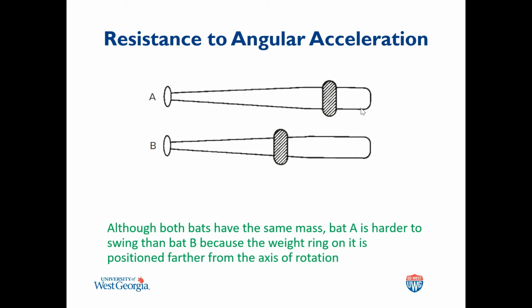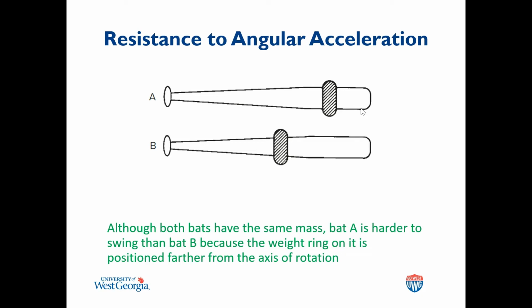If we look at bat A and bat B, what we've done is we've placed a weight on these bats. I always think with a bat, the axis of rotation is going to be near the handle, towards the lower section, and then the other end is what's moving. In A, we've placed the weight further down, further away from the axis of rotation, and in B, the weight is closer to the axis of rotation.